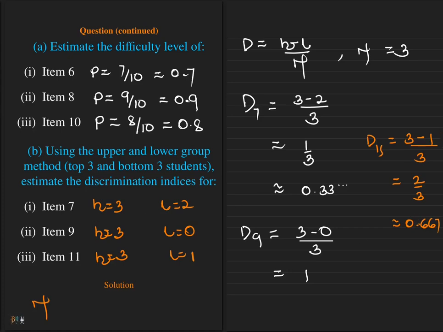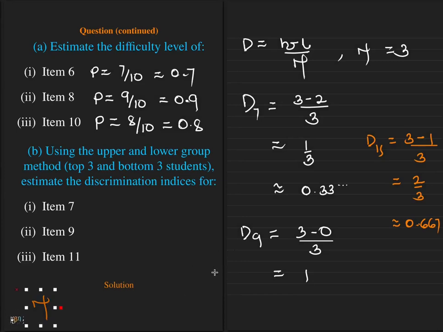So we can then come here and say that since we already know what these are, let me just clean them from there. The discrimination index for item 7 is 0.33, that of item 9 is 1, and that of item 11 is 0.67. What do these mean?